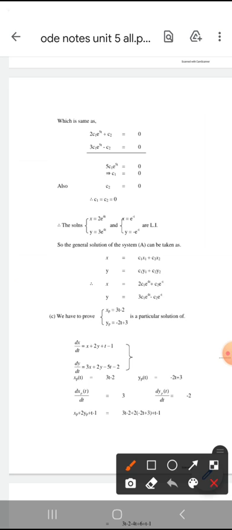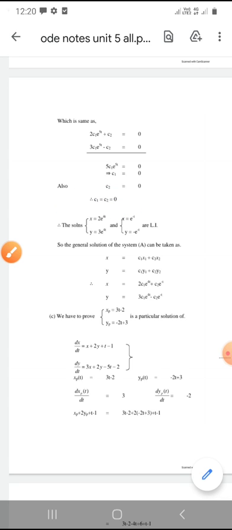After substituting, we solve those equations and we get the values of C1 and C2 equal to 0, which means that the solutions are linearly independent.